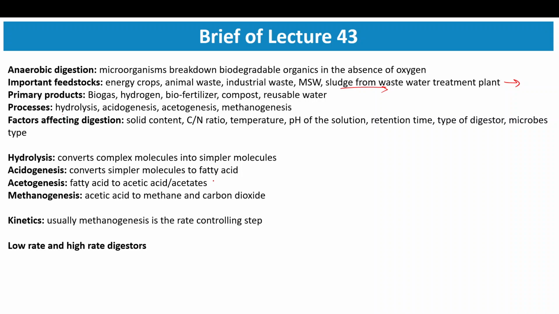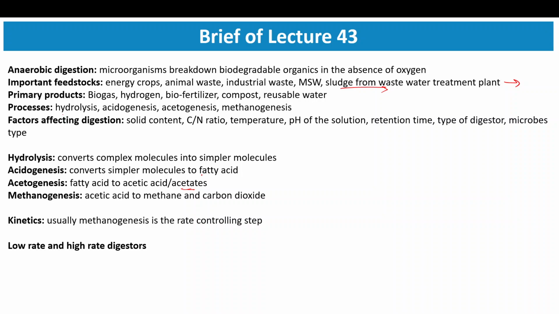So now these fatty acids can be converted to acetic acid or acetates. Now you see after each step the molecular weight or the complexity of the compound decreases, as complex molecules are further converted into simpler and simpler molecules at each step. And last is methanogenesis, where acetic acid is converted to methane and carbon dioxide.